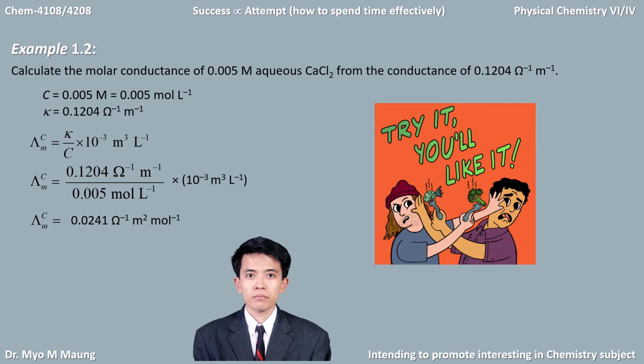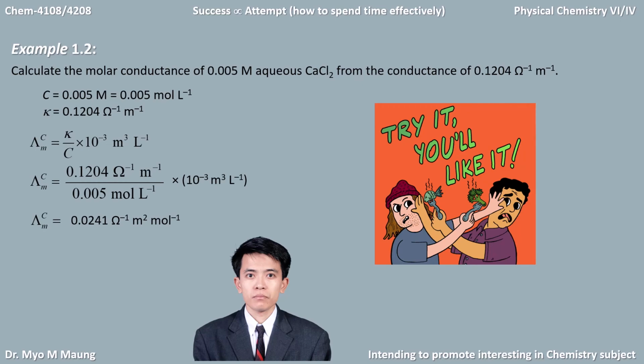Next, shall we compute example 1.2? The problem is to calculate the molar conductance of 0.005 molarity aqueous CaCl2 from the conductance of 0.1204 per ohm per meter. In the problem, we are given that C equals 0.005 molarity, which also equals 0.005 mole per liter.